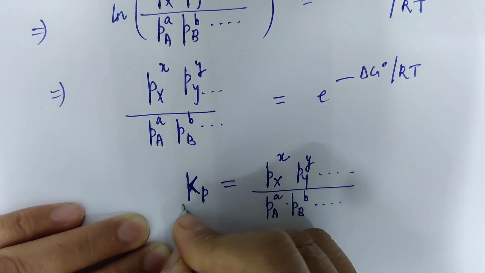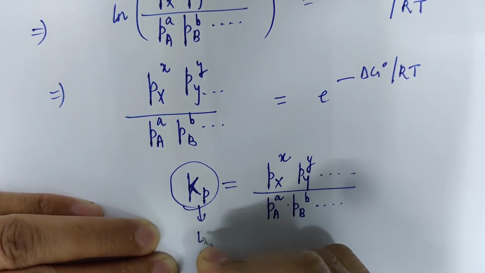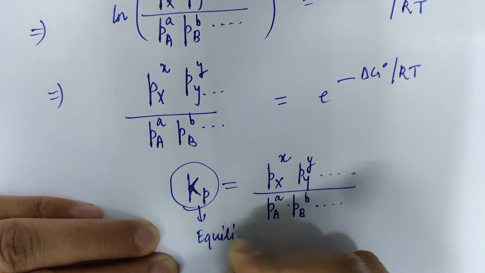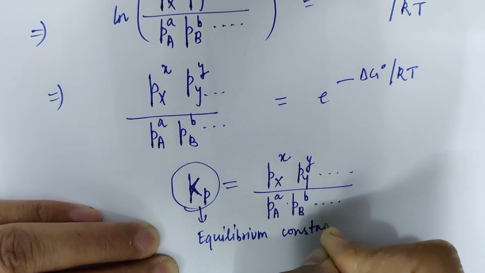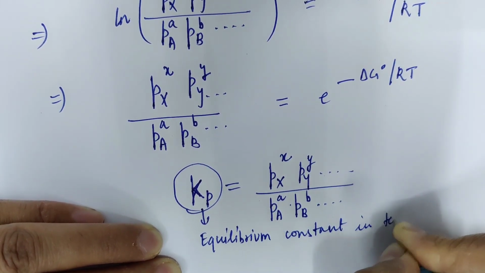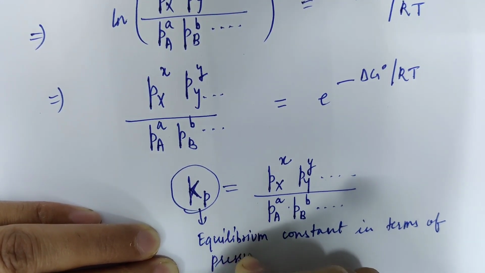So this is your chemical equilibrium constant in terms of pressure.